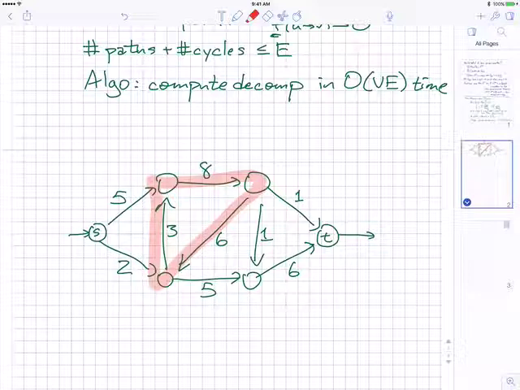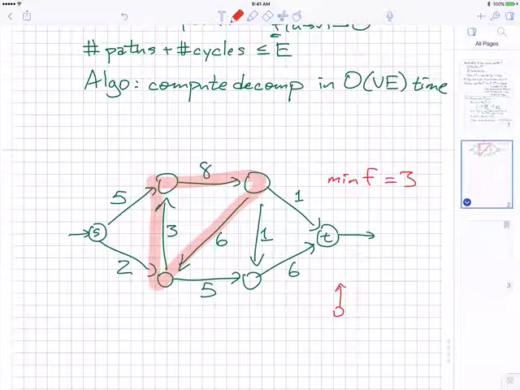And now, among all the edges in that cycle, the minimum flow value along that cycle is equal to 3. So I'm going to write down the cycle over here, and I'll write down the number 3.